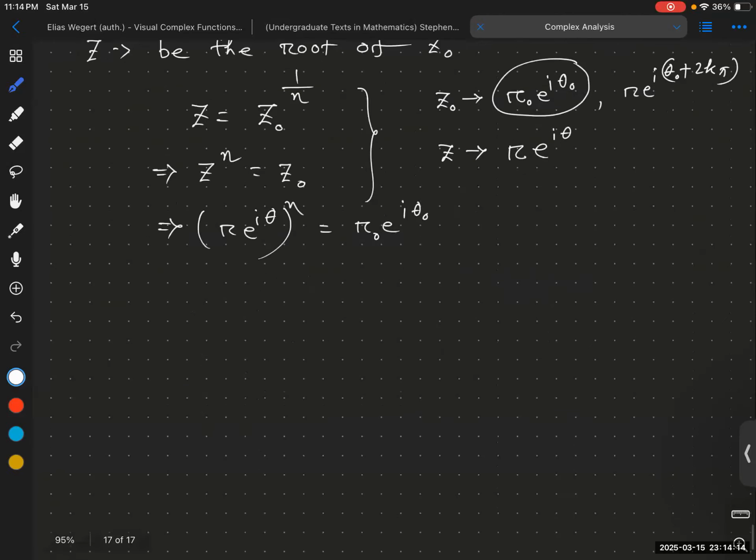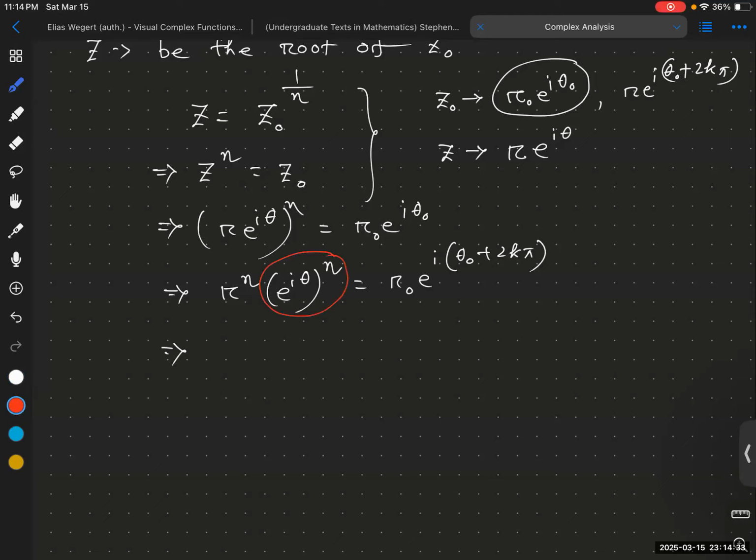So from here we can also write it as r to the power n e to the power i theta n equal to r naught e to the power i (theta naught plus twice k pi). Now, after applying de Moivre's theorem, we get r to the power n e to the power i n theta equal to r naught e to the power i (theta naught plus twice k pi). So here we have two complex numbers in polar coordinate form.